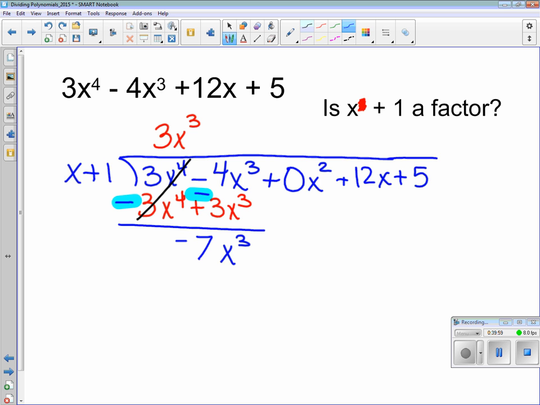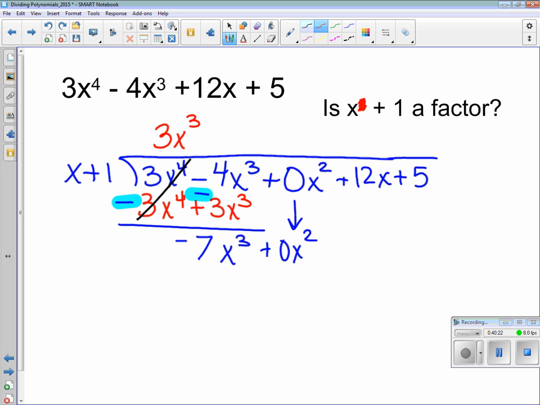Seriously, it's getting old. Okay, bring down the 0x squared. Okay, now what? Go ahead, April. What does x...? I know that the negative 7x is what you put up there.